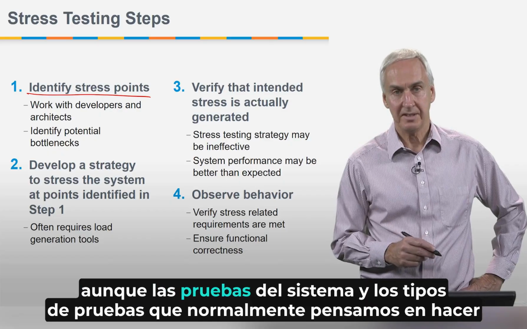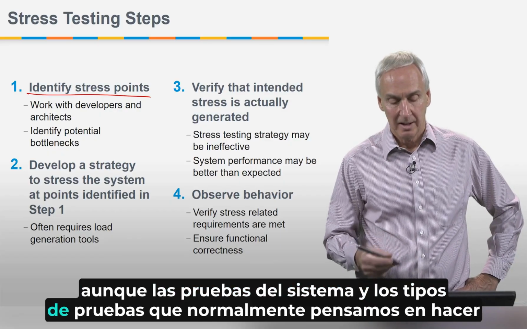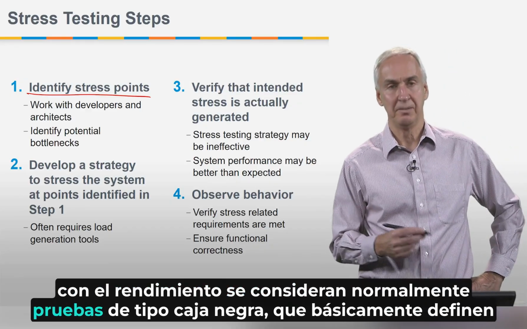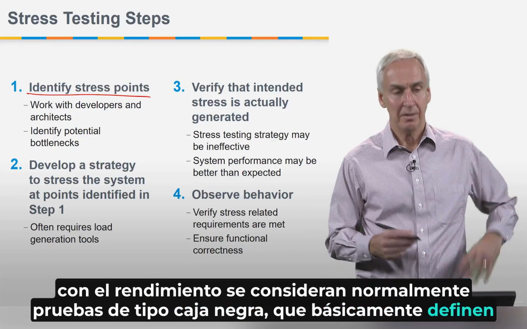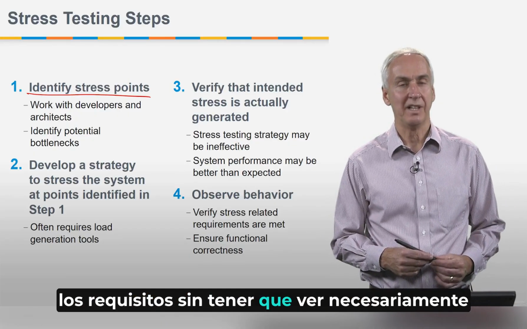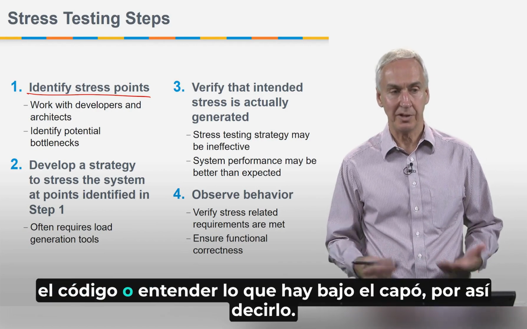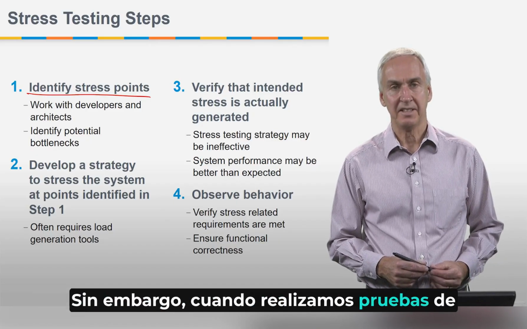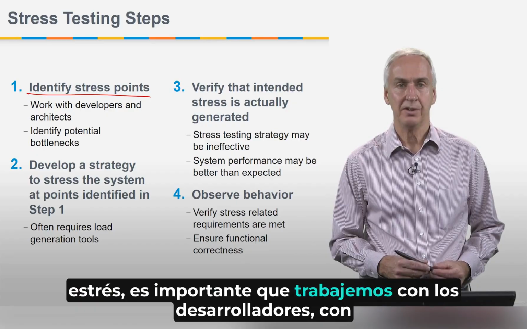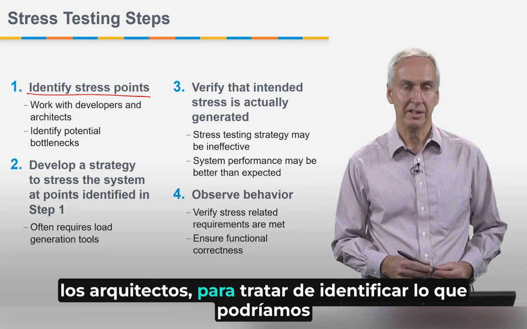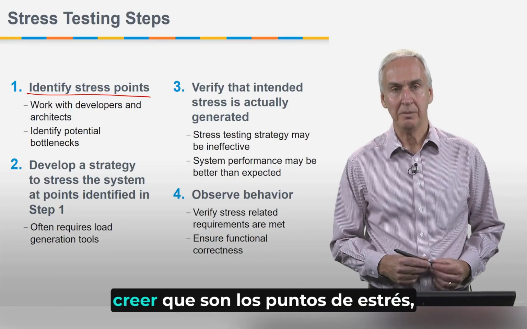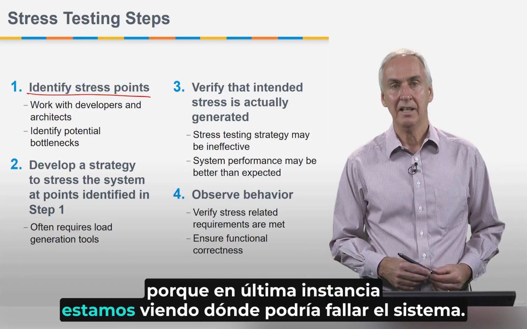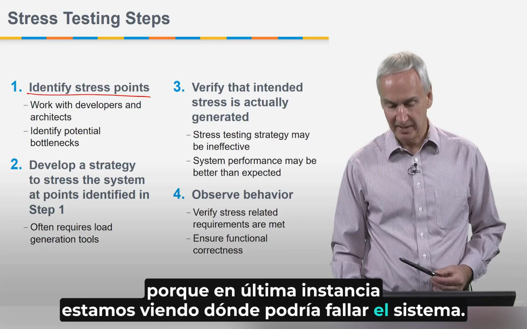Although system testing and the kinds of testing we normally think about doing with performance are normally viewed as black box types of tests, basically defining the requirements without necessarily having to see code or understand what's under the hood, so to speak, when we're doing stress testing, it is important for us to work with developers and architects to try to identify what we might believe are the stress points. Because ultimately, we're looking at where the system potentially could fail.